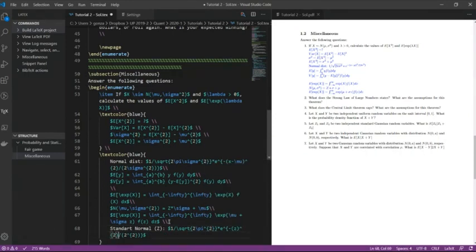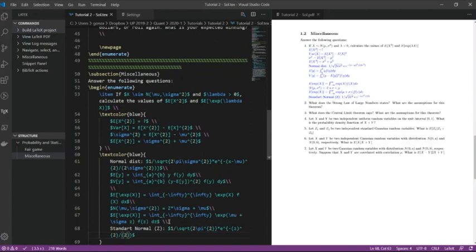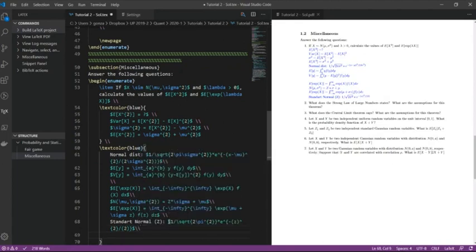Right? And this was from the sigma. So a standard normal distribution looks like this. Much simpler to use. Let's go back to this and continue solving.